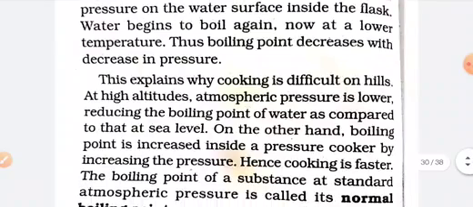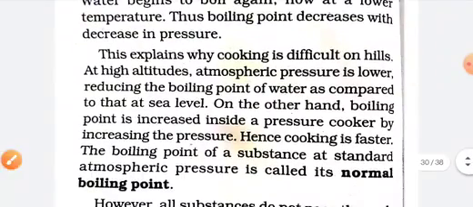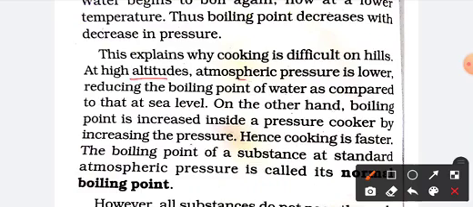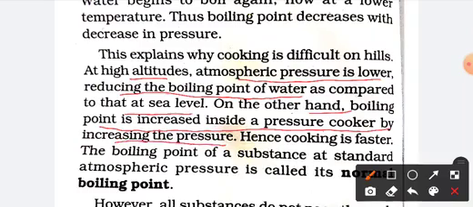This explains why cooking is difficult on hills. At high altitudes, atmospheric pressure is lower. Due to the lower pressure, the water starts boiling at a lower temperature, so the boiling point of the water is reduced as compared to that at sea level. On the other hand, boiling point is increased inside a pressure cooker by increasing the pressure.